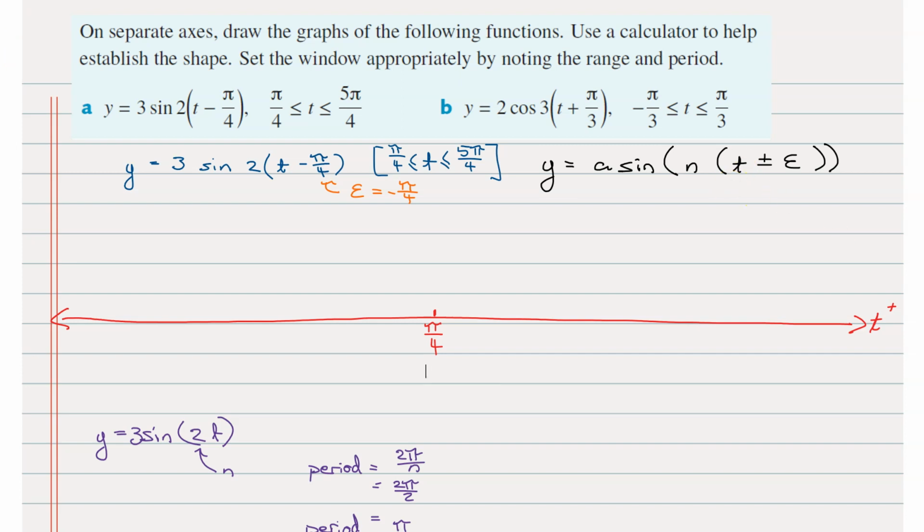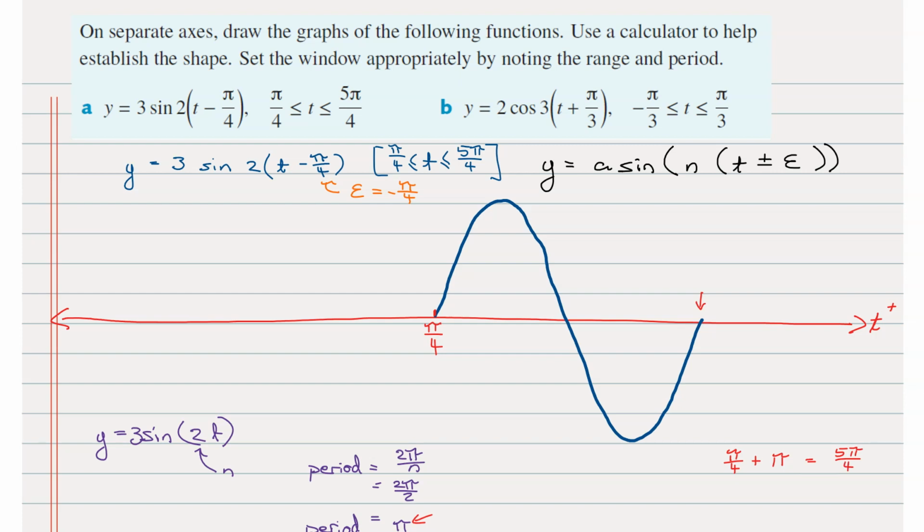If I draw a sine wave on this particular set of axes, what I'm going to get is this. My next step is I need to know where one full cycle of this sine wave ends. I can calculate that by saying pi over 4 plus pi, being our period, and that's going to equal 5 pi over 4.